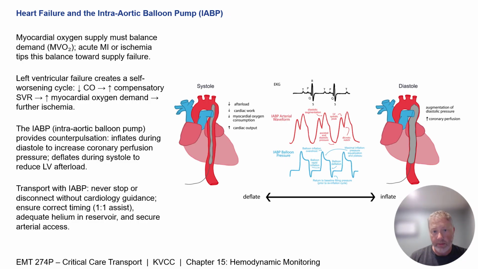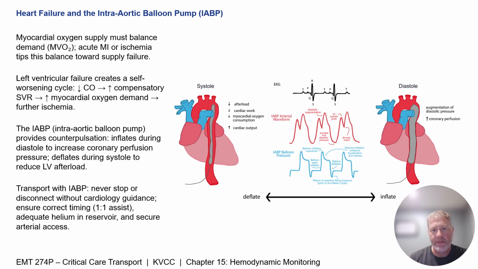The balloon pump interrupts this cycle by inflating during diastole to improve coronary perfusion and deflating just before systole to reduce afterload. As a result, myocardial oxygen supply improves while ventricular workload decreases.